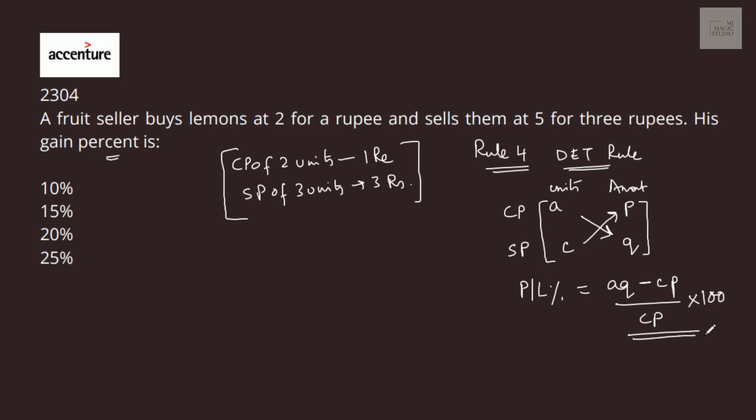As simple as that. Now in our case, CP of 2 units is 1 and SP of 5 units is 3. We just need to find the det value of this.